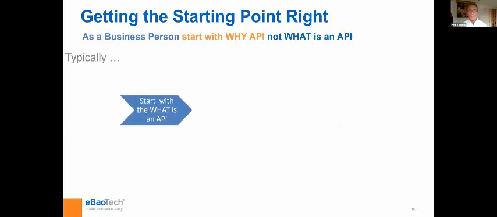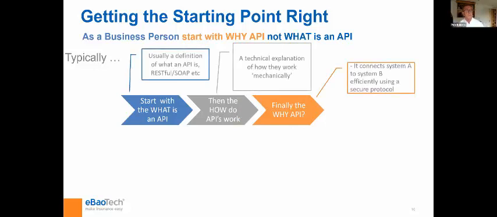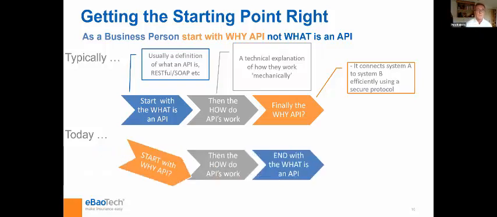What we mean by this is typically the process of thinking about something new like APIs is we start with talking about what an API is, the definition, then there's a technical explanation, and then finally what can an API do, and it gets increasingly technical. At this point, most business people almost lose the will to live. So we've turned that round. Today, we're starting with the why.